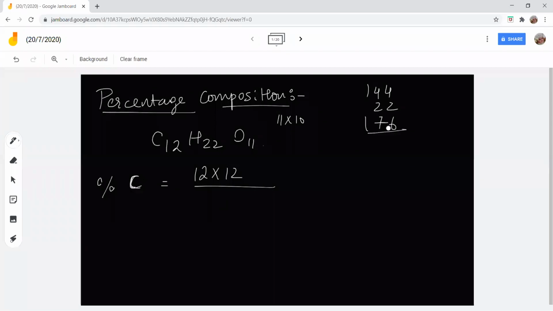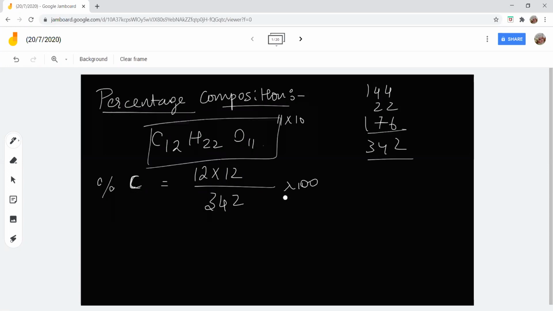So you'll get 342, which is the molar mass, the total mass of glucose.